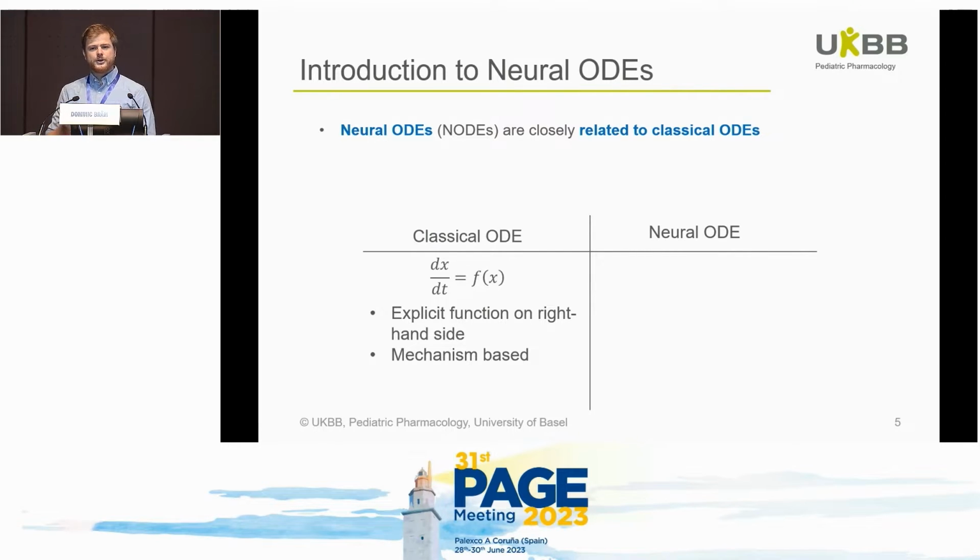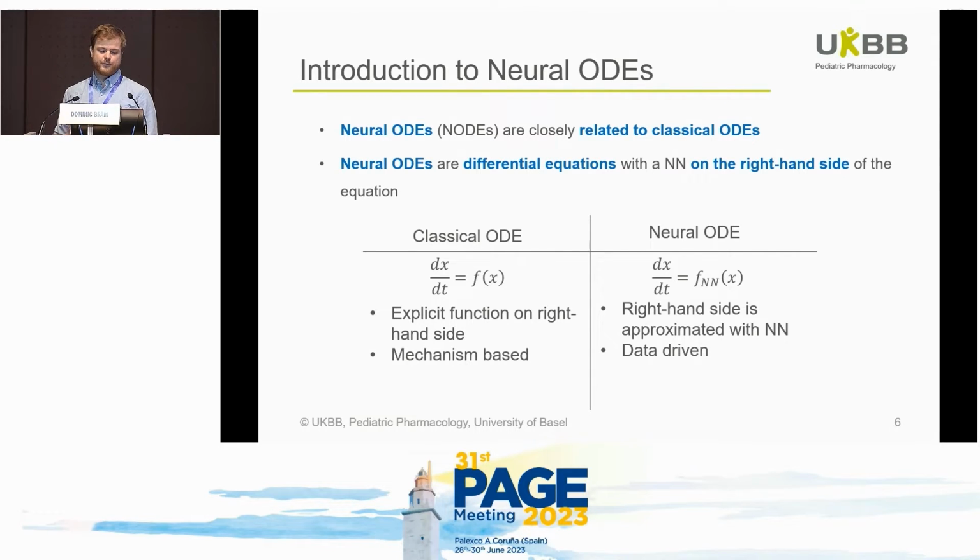But if you don't know this explicit function, you may want to use a neural ODE, which is also a differential equation, but with a neural network on the right-hand side. This means the right-hand side is then just approximated with this neural network. So one could say that neural ODEs are a data-driven approach.